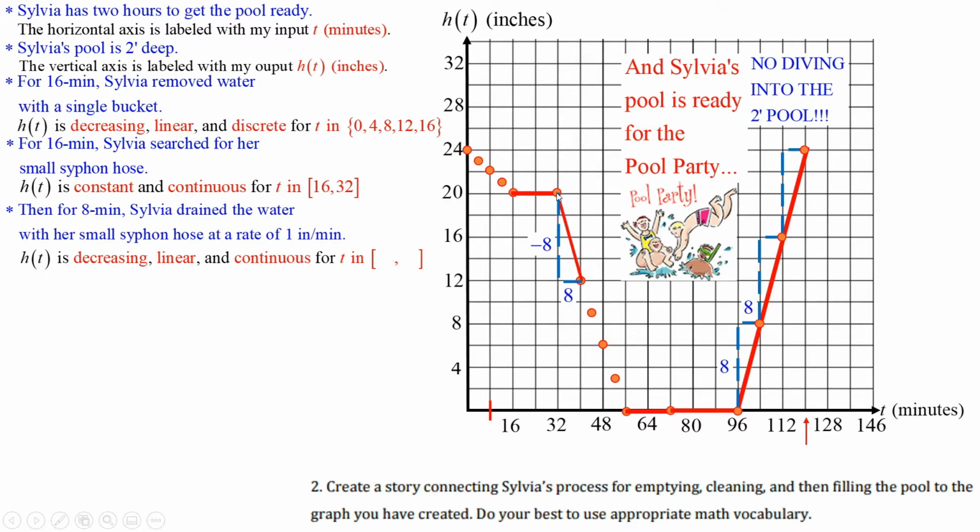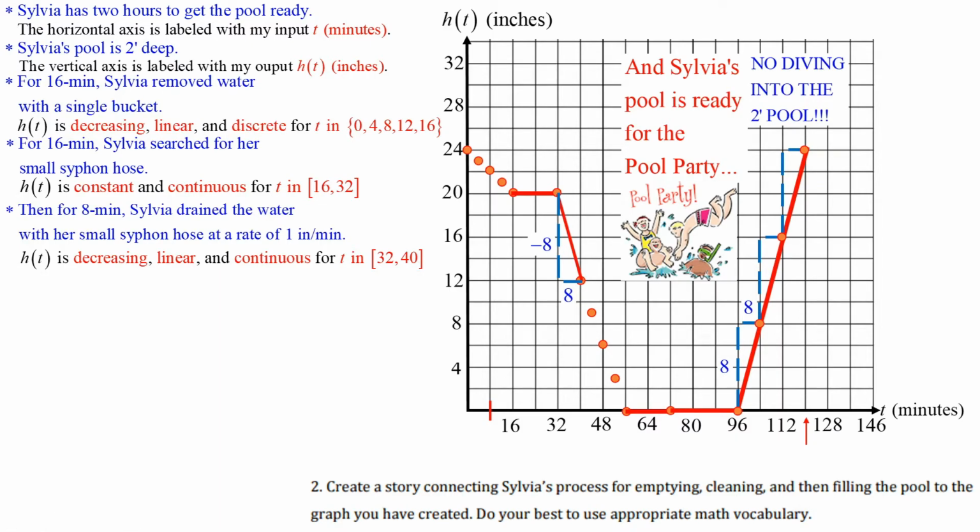And then what is this t value? 32. And what is this t value right here? That'd be 8 minutes later. That's 40. So t is in the closed interval from 32 to 40. Again, that means t can be 32 minutes to 40 minutes, including the 32 and 40, and everything in between. That's why they call this an interval of numbers. And again, when you're continuous, we have to use interval notation.